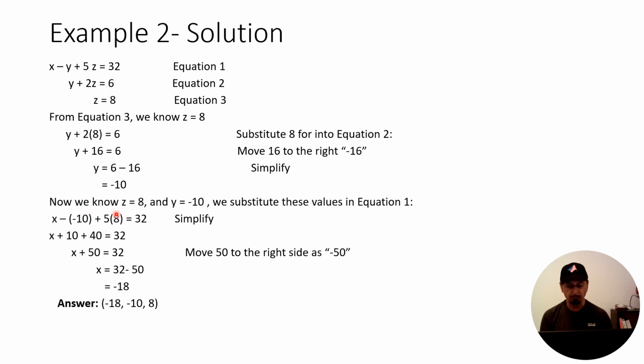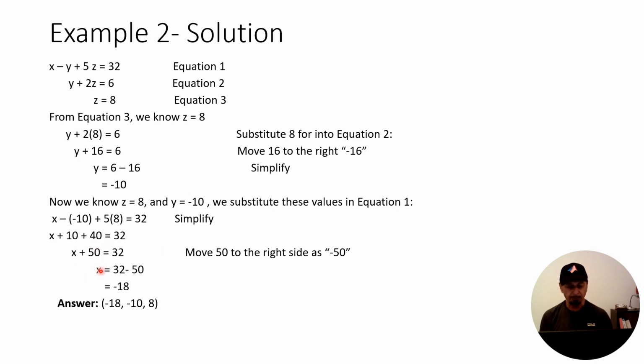Now we substitute z is equal to 8, y is equal to negative 10 in equation number 1. So the equation becomes x minus 5 times y, where y is negative 10, plus 5 times z, where z is 8, equals to 32. Now we simplify: x minus 5 times negative 10 becomes x plus 50, and 5 times 8 is 40, so we have x plus 50 plus 40 equals 32.